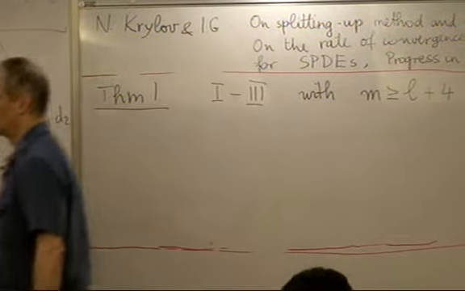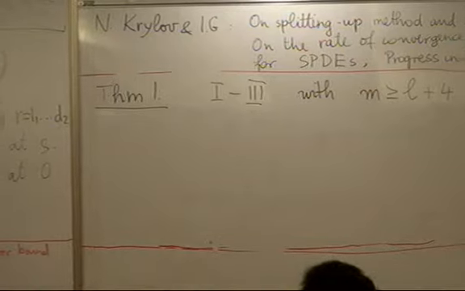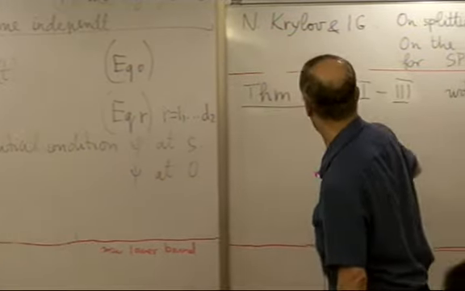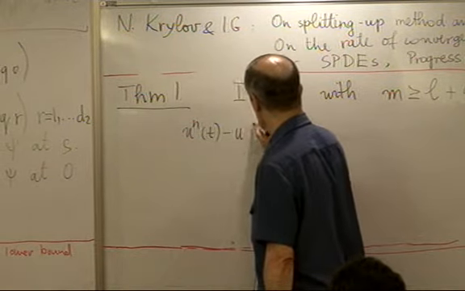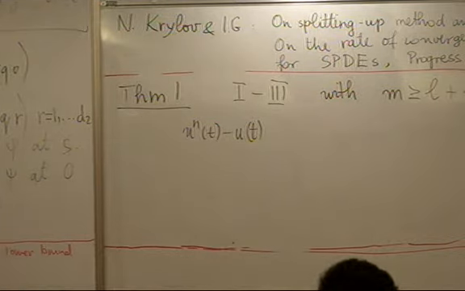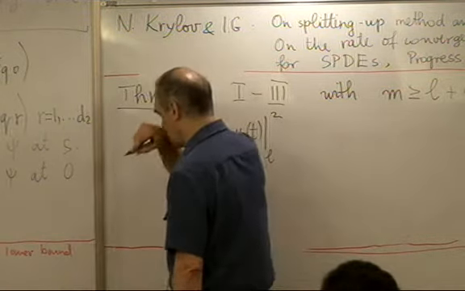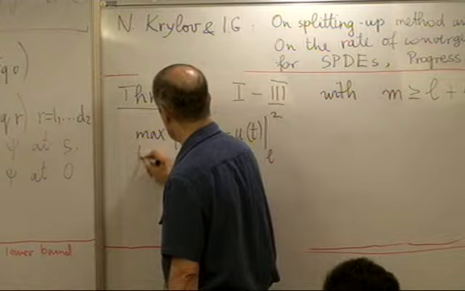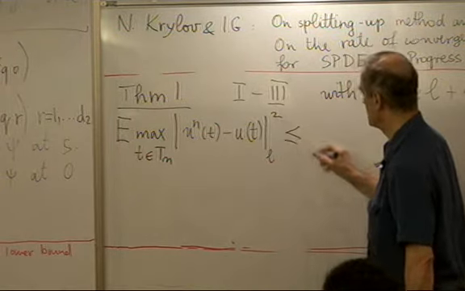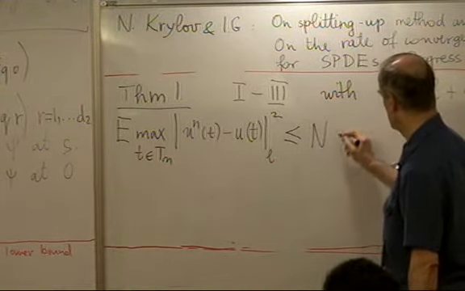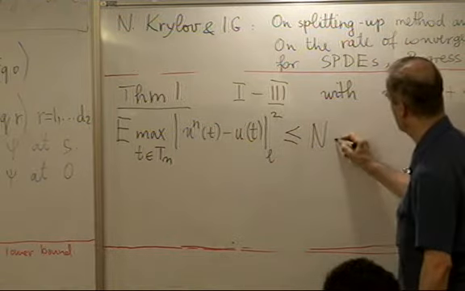First of all, the u^n approximation is well defined, so we can solve all those equations which we want, and the estimate is: u^n(t) minus u(t), where u is the original, in the L norm squared, and maximum over t, expectation is less than or equal to a fixed constant times h, tau.